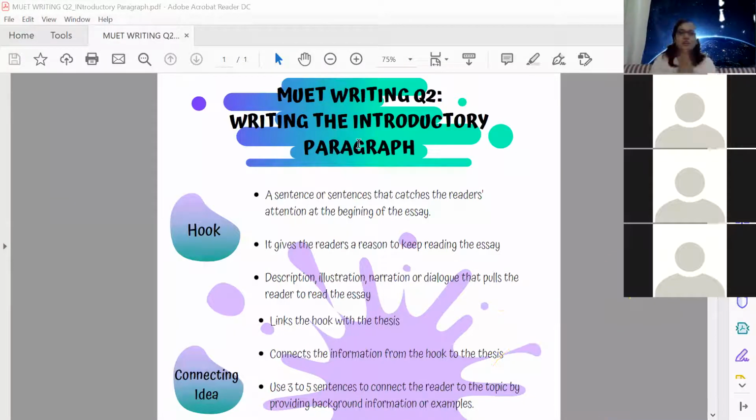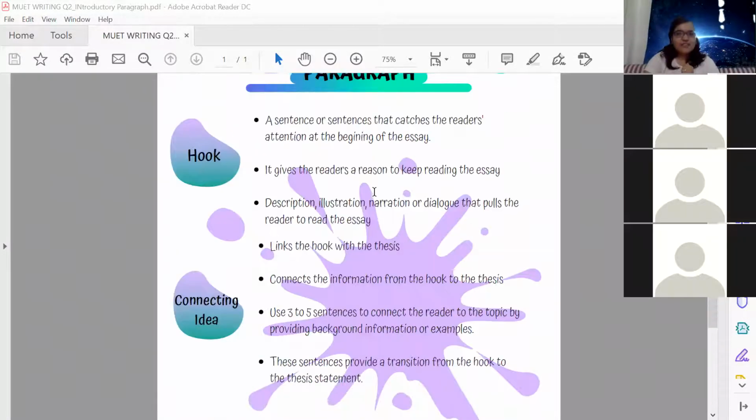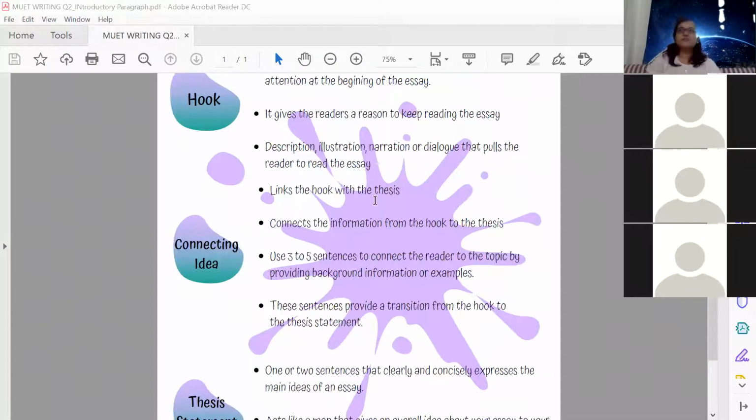Now you have the hook. We move on to the connecting idea. All of you are familiar with this. I gave you an example of shopping online, right? Connecting idea is basically when you go shopping online, you like that product, you look at the advertisement, you like it. What is your next action? What will you do next?